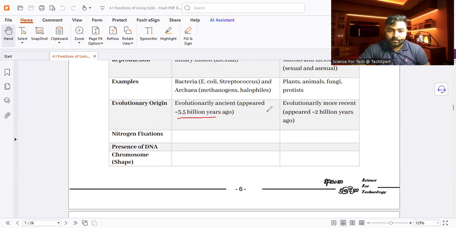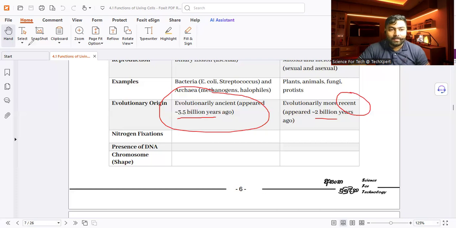Then these are evolutionary very recent, that means before 2 billion years. Recent doesn't mean yesterday or last year. When you compare these two, this is quite recent and this is quite historical.